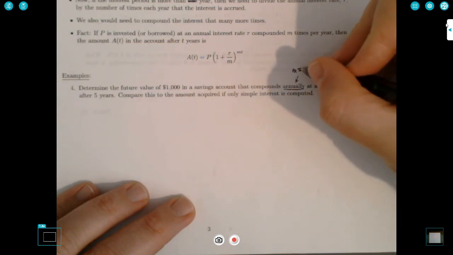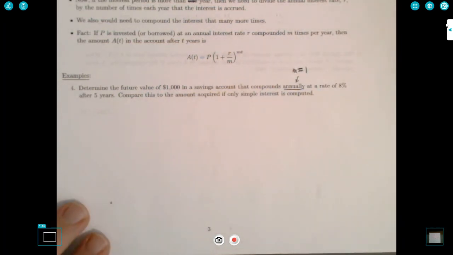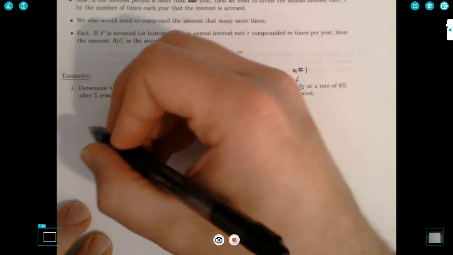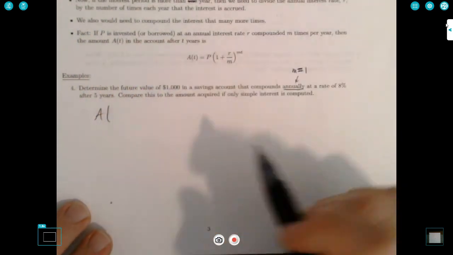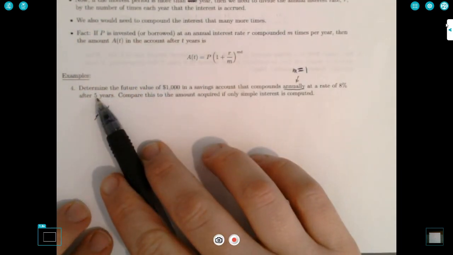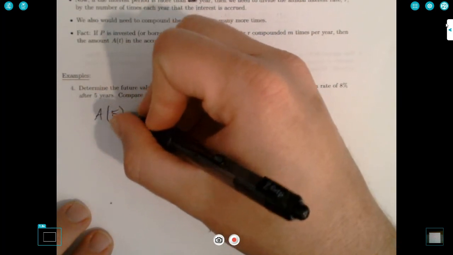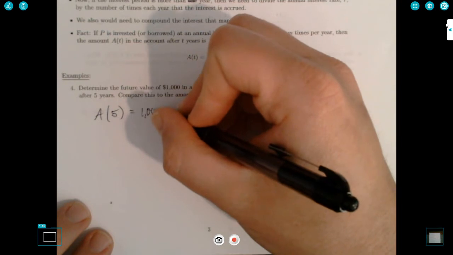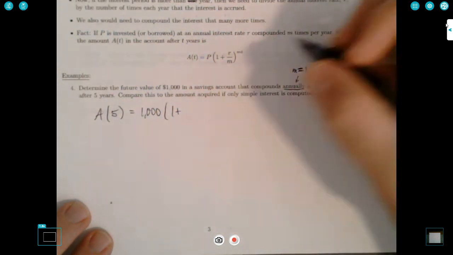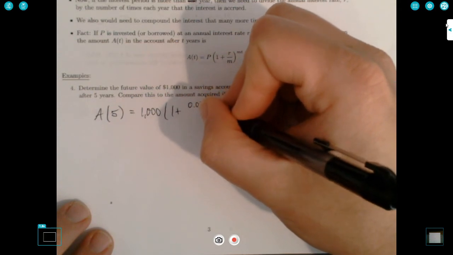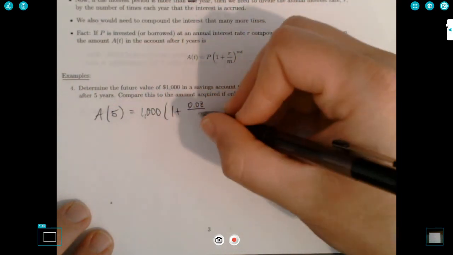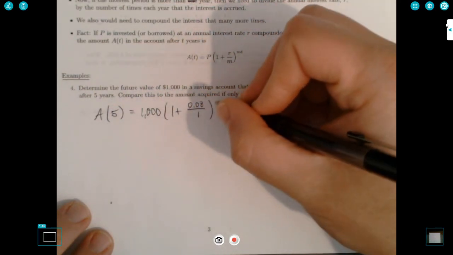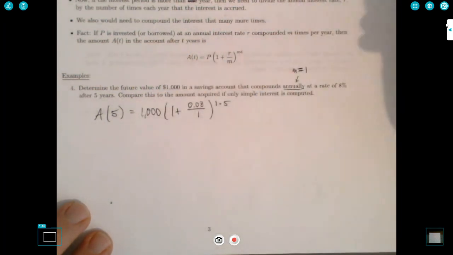It's only compounded once per year. We want to know how much is in the account after 5 years. So we would say A of 5 equals principal amount, $1,000, times 1 plus R, the interest rate was 8%, so that's 0.08, divided by M, which we just said was 1, to the M times t, which is 5.